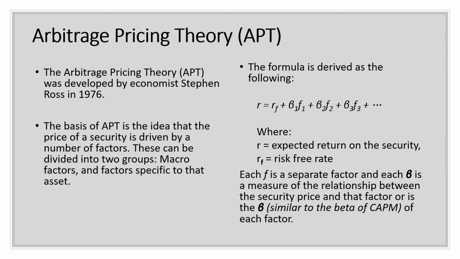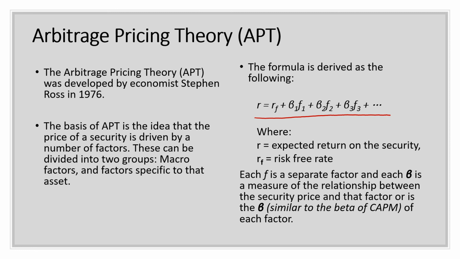These can be divided into two groups, macro factors and micro factors specific to that asset. The formula of arbitrage pricing theory indicates that this model is a multi-factor asset pricing model. So this is the formula for the APT.